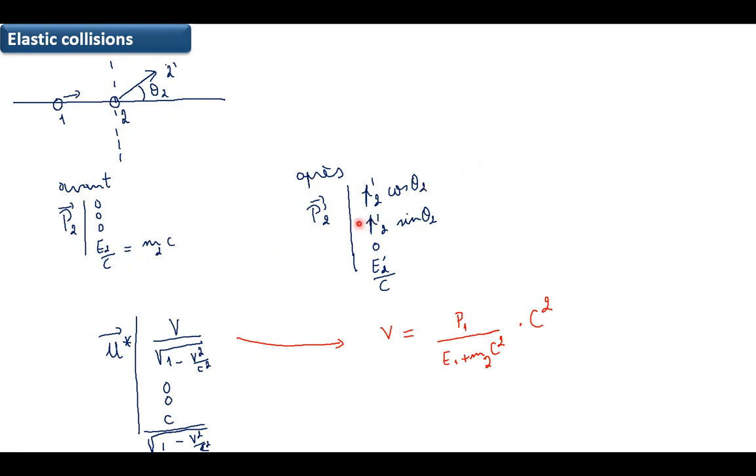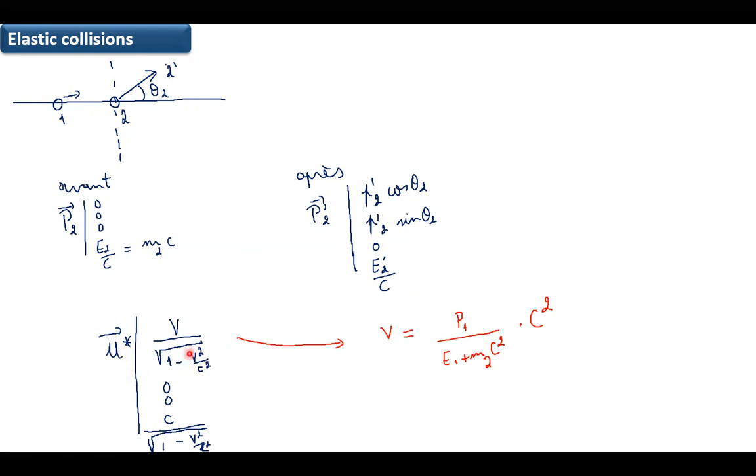After collision, it's P prime 2 cosine theta 2 along X, and P prime 2 sine theta 2 along Y, 0 along Z, and E prime 2 over C as a time coordinate.